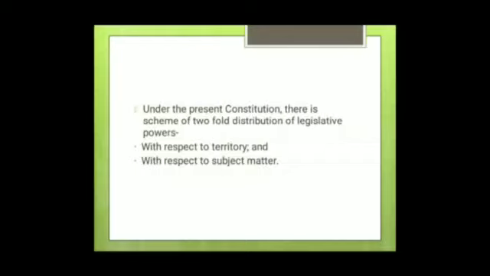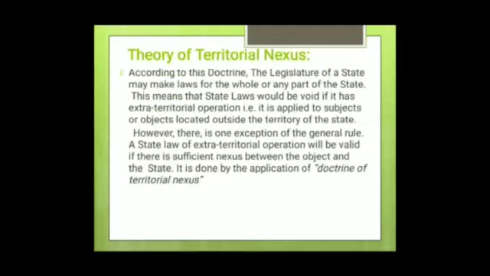Now this will be clear with the theory of territorial nexus. According to this doctrine, the legislature of a state may make laws for either the whole or any part of the state. Right? For the state. It is talking about the legislature of the state. Now what does this mean?